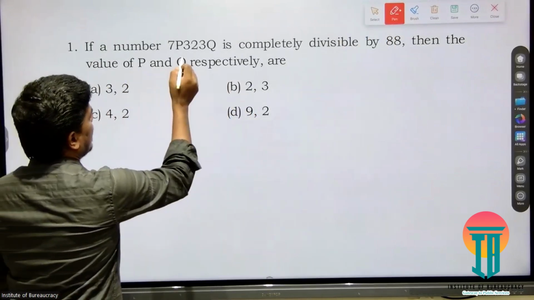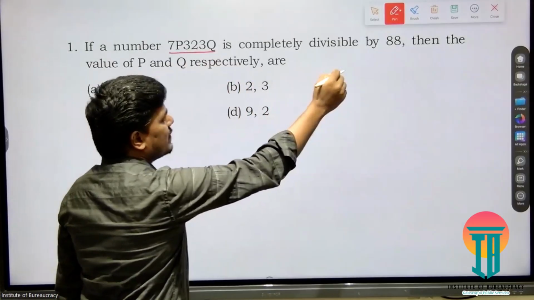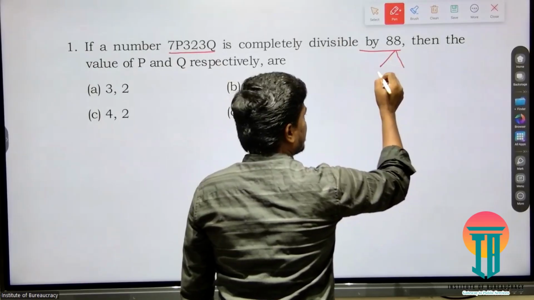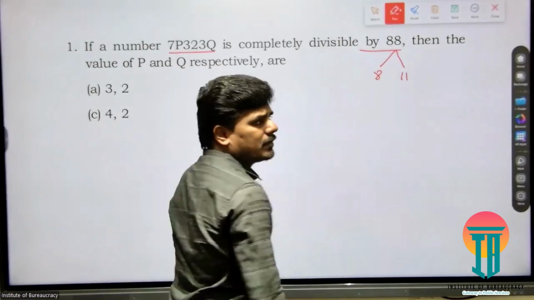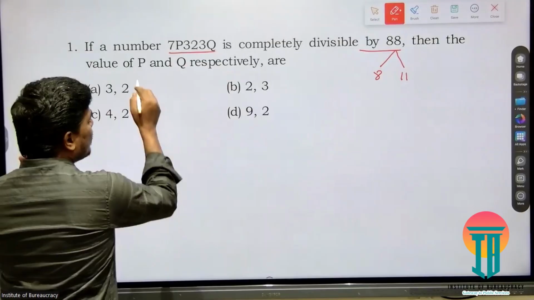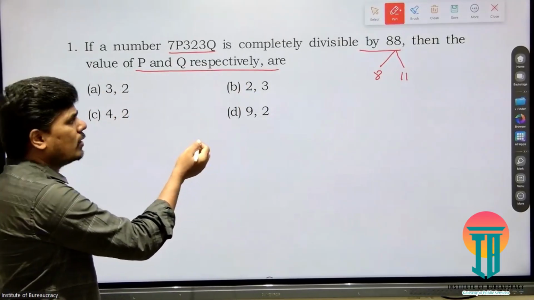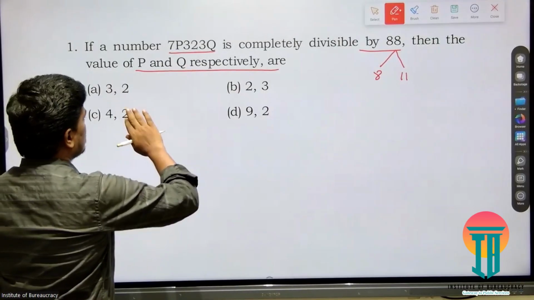Let's take this number. If the number is completely divisible by 88, it is divisible by 8 as well as 11. Then the values of P and Q respectively are. So when they give the values of P and Q, you just need to substitute them.